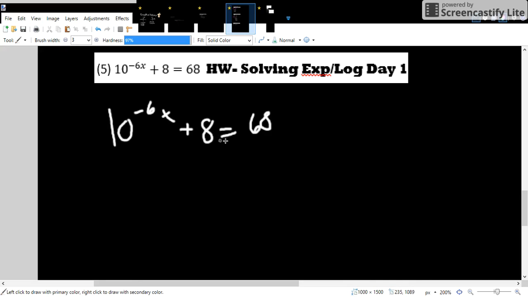Before we do any logs or exponents, we first want to isolate that term. To do that, we have to subtract this 8. So we're going to subtract 8 on both sides of the equal sign. 8 minus 8 is 0, and 68 minus 8 is 60.